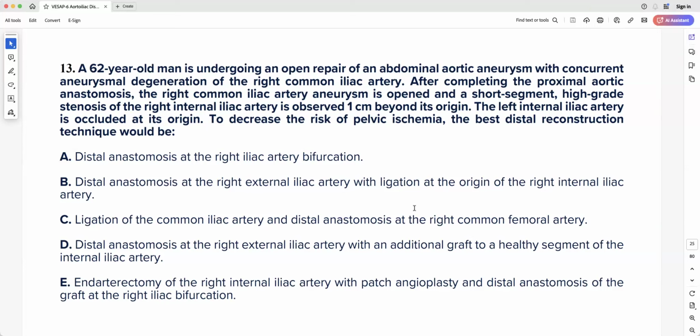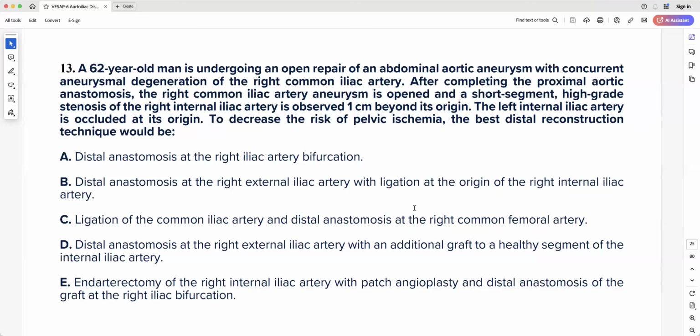D, distal anastomosis at the right external iliac artery with an additional graft to a healthy segment of the internal iliac artery. This one, I think, is doable. Let's see the last one. E, endarterectomy of the right internal iliac artery with patch angioplasty and distal anastomosis of the graft at the right iliac bifurcation.